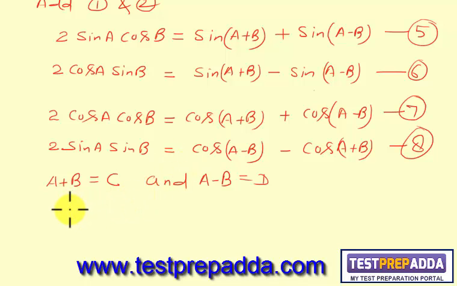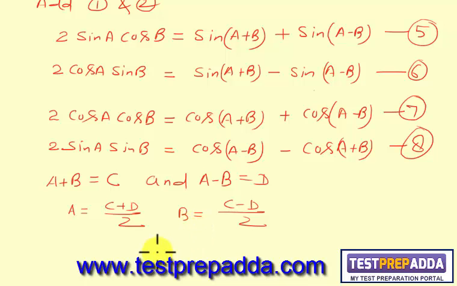For that, first of all, I'll find A in terms of C and D. If you find A in terms of C and D, it will be C plus D by 2. And B will be C minus D by 2. Okay, now you substitute these in 5, 6, 7, 8.